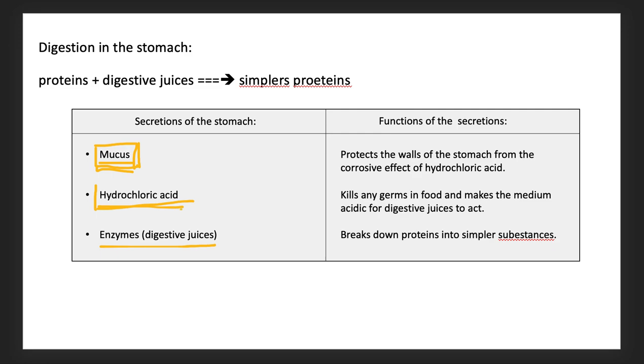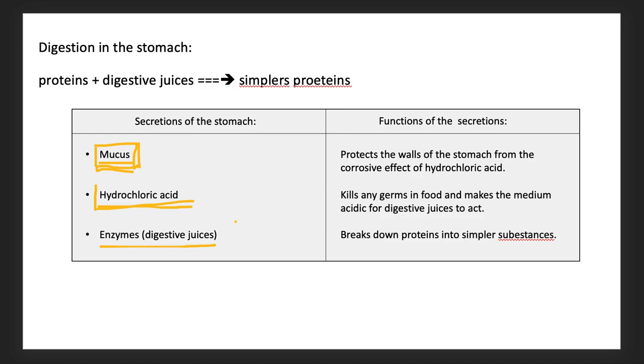Now what does this hydrochloric acid do? In case there are any germs in the food, it will kill those germs. And because it is an acid, it will make the food acidic, so that the other enzymes or juices which help in digestion can act. Sometimes if the food is not acidic, then the enzymes cannot act.